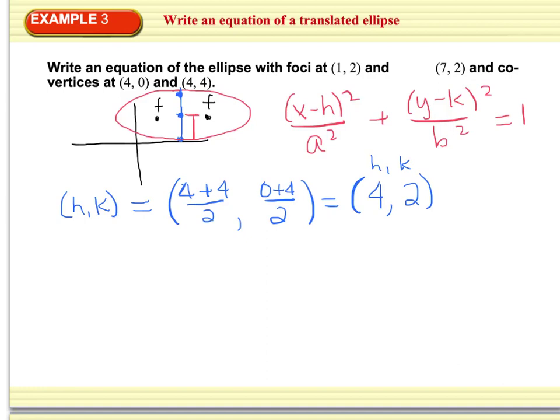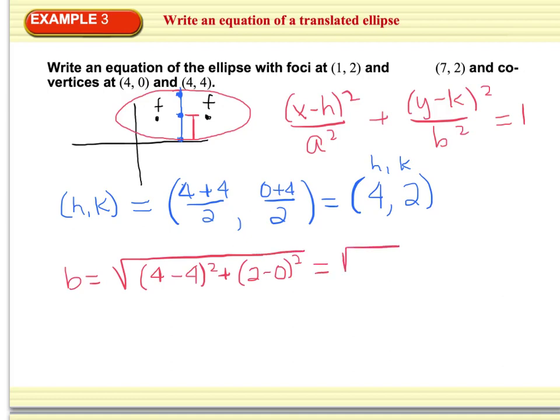So if I calculate my distance, now that I know my center, we'll say b is equal to the distance, which is the square root of my center, 4, minus, and I'm just going to pick the point 4, 0, so 4 minus 4, the quantity squared, plus 2 minus 0, that quantity squared. So I end up with the square root of 0 plus 2 squared, which is 4, or a b value of 2.